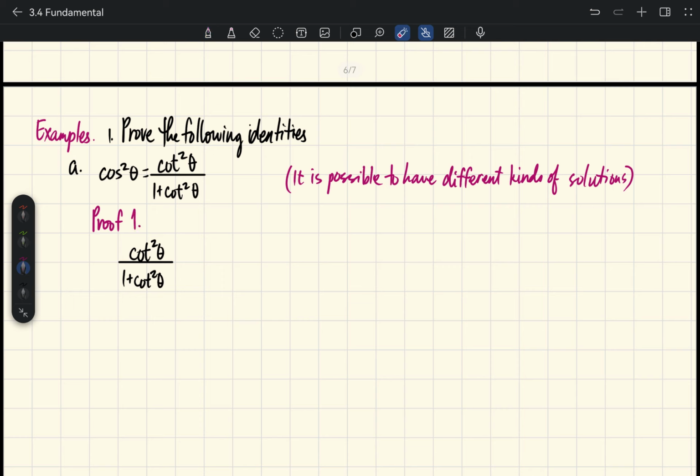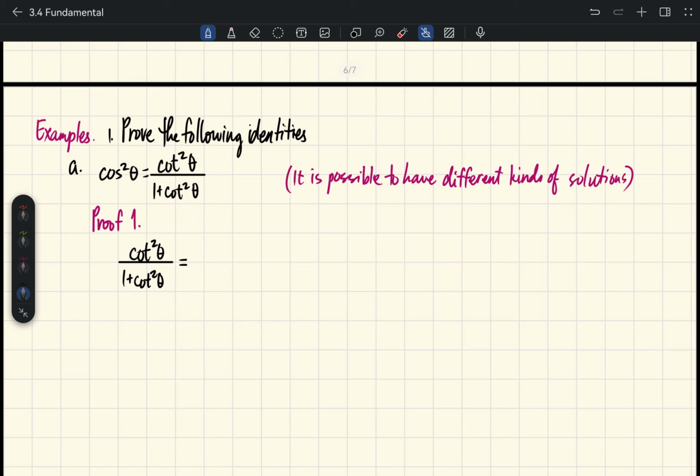As you can see, in the numerator, you have cotangent squared theta. However, you have a plus 1 right here, so you cannot cancel them. Maybe one good trick that we can do is add and subtract 1. So why do I want to add and subtract 1? If I do that, I'll have here cotangent squared theta plus 1, which is the same as the one right here.